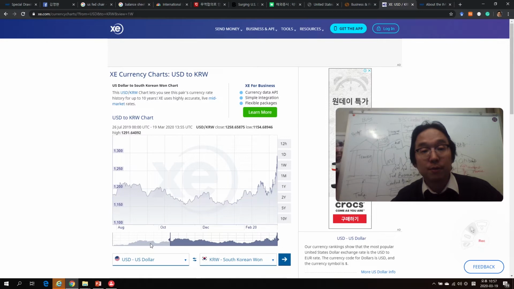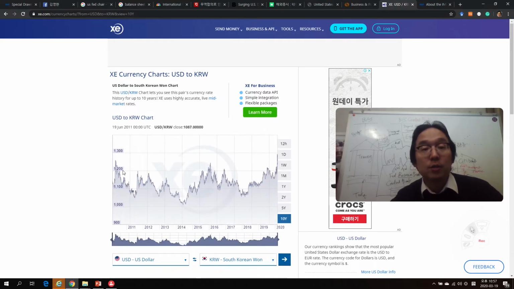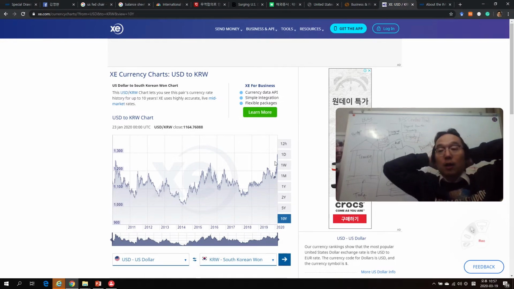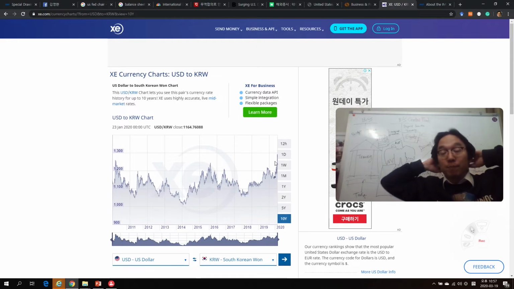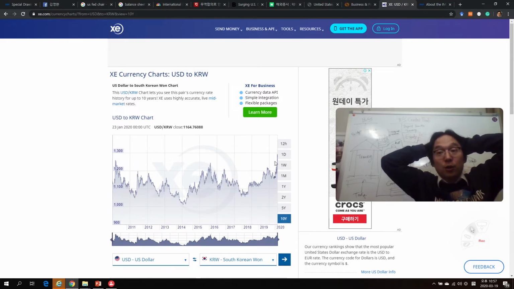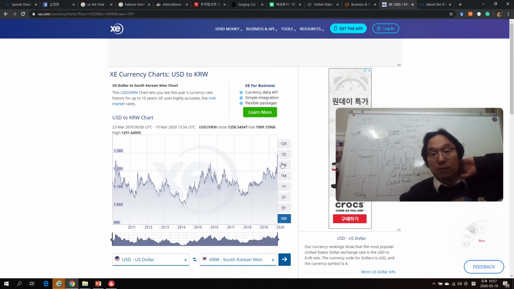You can expand the timeline to 10 years and compare. Today the exchange rate of Korea was above 1,300 Korean won per US dollar. Is it a historic high? The answer is no, not yet.